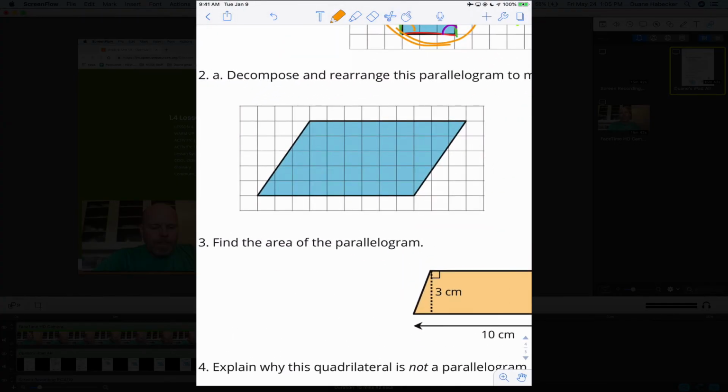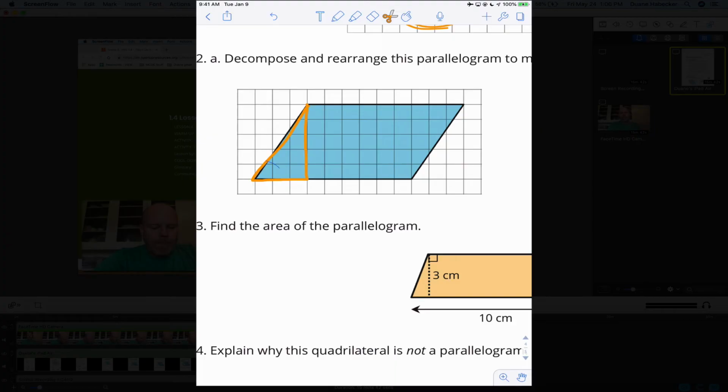They want us to decompose the parallelogram to make it a rectangle. So I'm going to see that triangle. I'm going to move it over here. And when I move it over here, I get a rectangle.